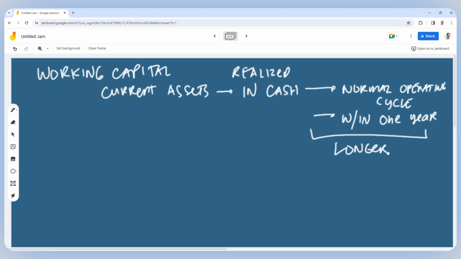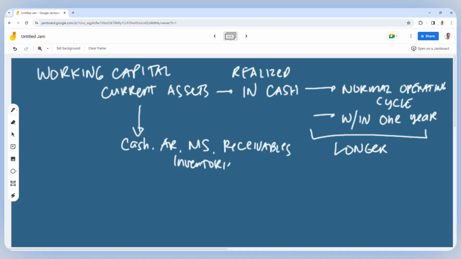Yan, class, yung pinaka-basic with your current assets. Examples are your cash, accounts receivable, marketable securities, short-term investments, inventory, supplies, and prepaid assets.